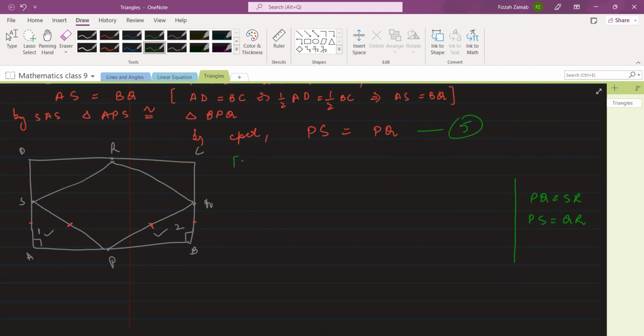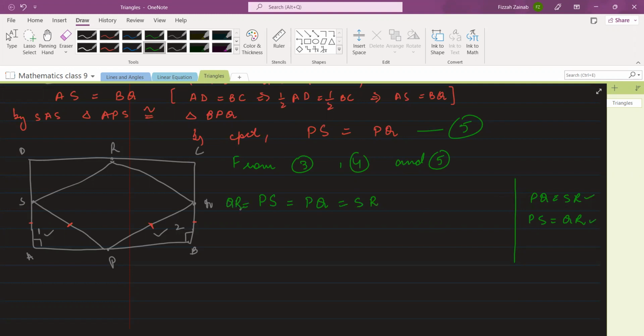Now combine 3, 4, and 5. Any equation you can write first. Write from 5: PS is equal to PQ, right? Now what is PQ equal to? From 3, PQ is equal to SR. And from 4, PS is equal to QR, so this is equal to QR.